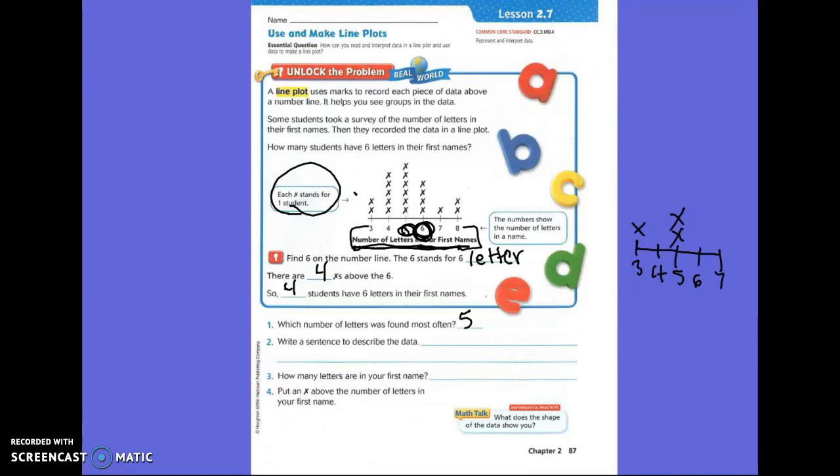Or you can say something like, most students have 5 letters in their name. Or you can say, the least amount of students, how many students have 7 letters in their name? And it would be 1. Okay? So, can you give me a sentence that you would like to say?